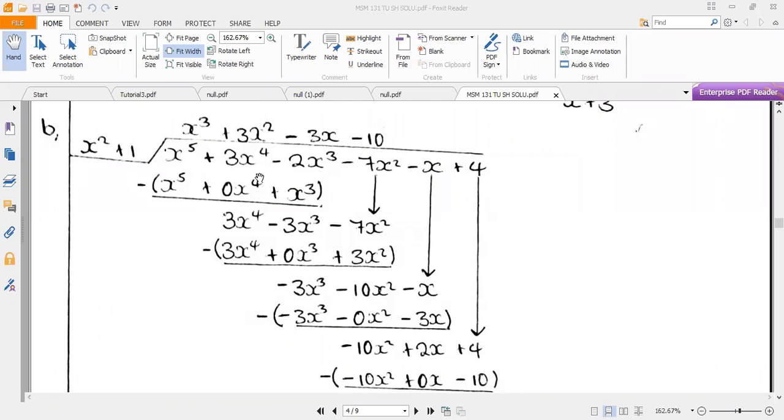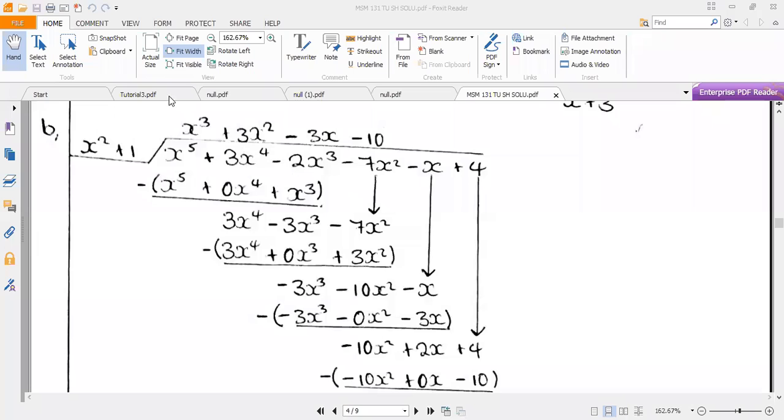Why multiply x to the power 3 by 1? If someone is able to get her, kindly repeat her question. She's wondering where the 0x to the power 4 is coming from.